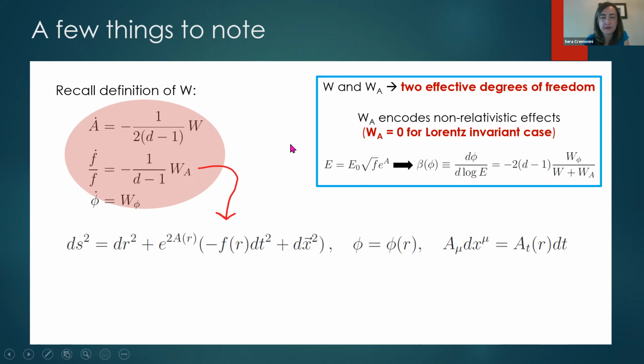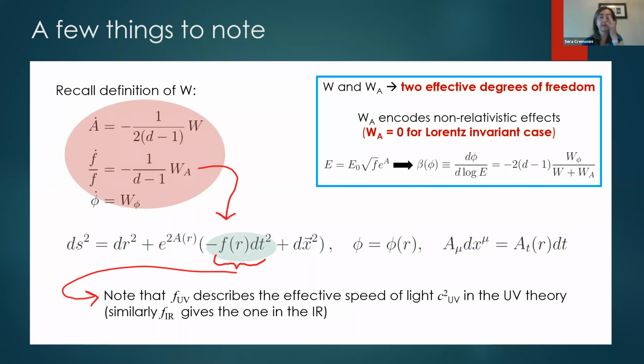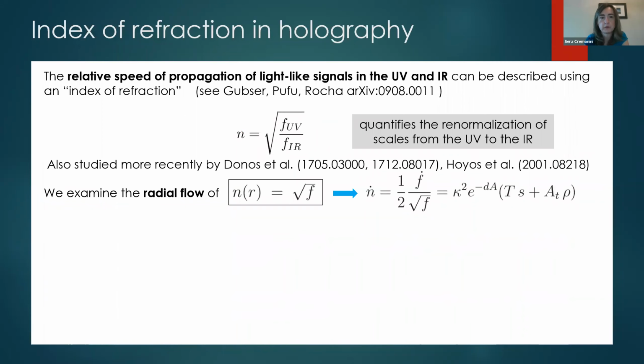All right. Another thing to keep in mind is that the value of this function in the UV essentially sets the value of the effective speed of light there. Similarly, if you look at it in the IR, it will tell you what the speed of light in the IR is. The reason I'm mentioning this is because it's related to a quantity that has been talked about in the literature called the index of refraction.